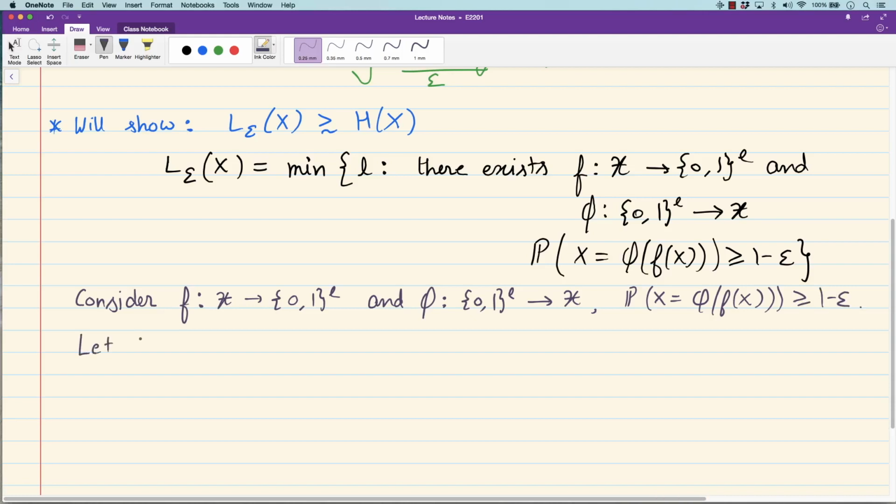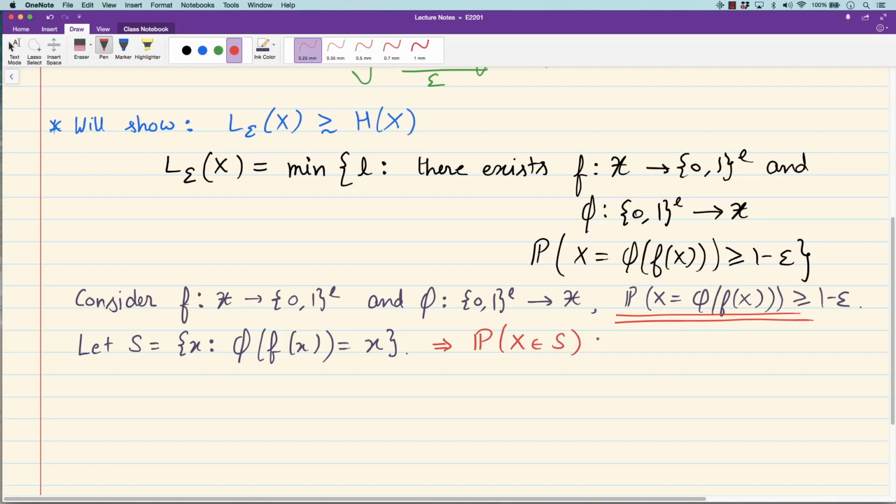So let's define S as the set of those x for which everything works fine. These are all deterministic mappings, so it's those x for which phi of f of x, the decoded value when x is encoded, is exactly equal to x. And then by this property, it follows that the probability that x belongs to S is greater than 1 minus epsilon. So this S has large probability.